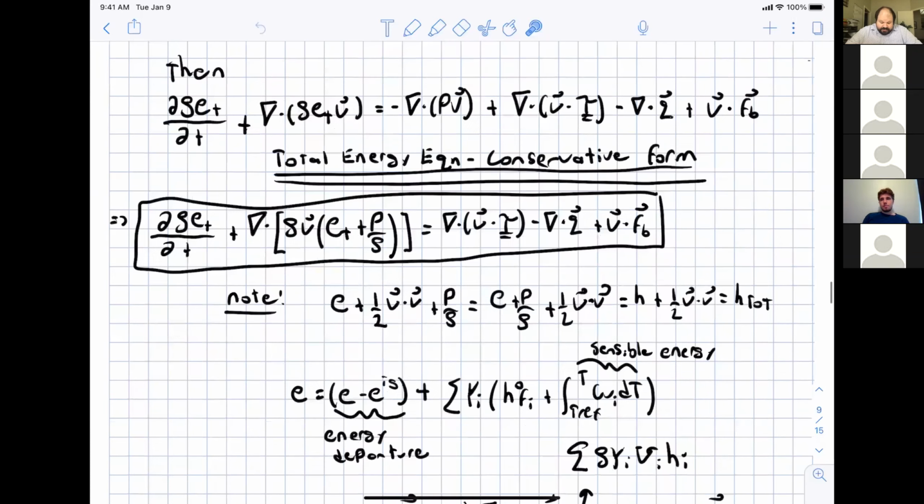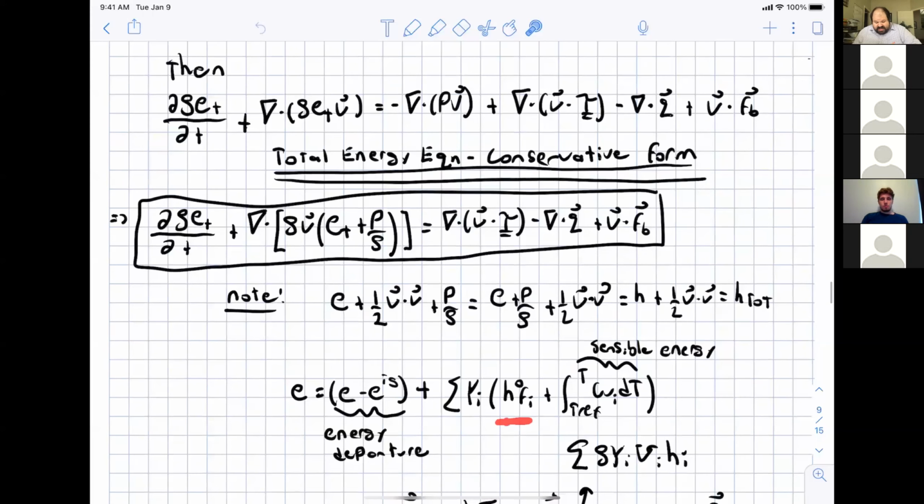And the reason that it's no different is because all of the chemical energy, as was stated in the previous lecture, is in the enthalpy of formation term.